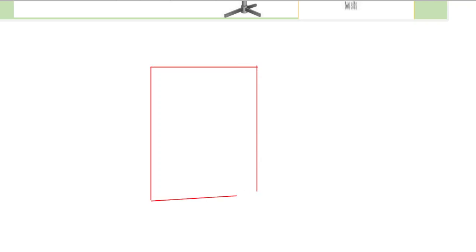I'll draw its front view. So here, this would be the center bright band. We get something of this kind. And then dark bands.